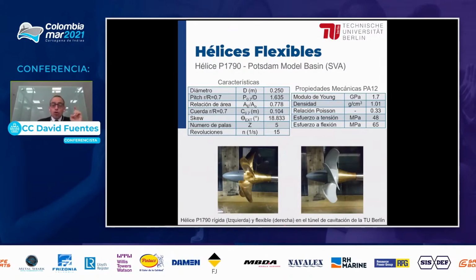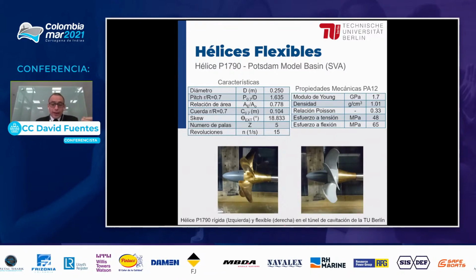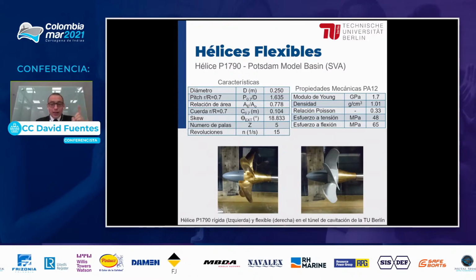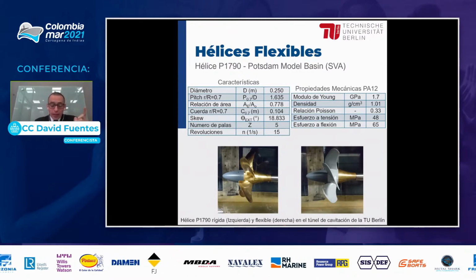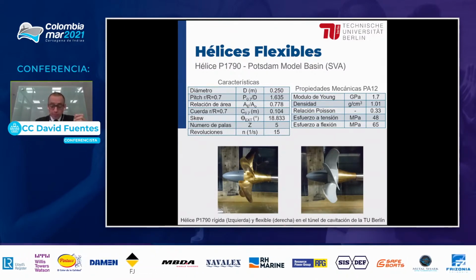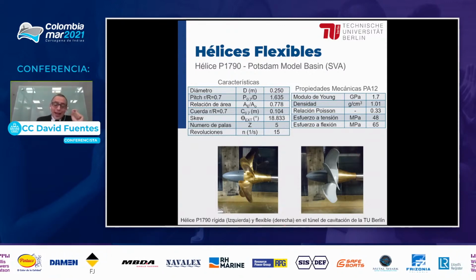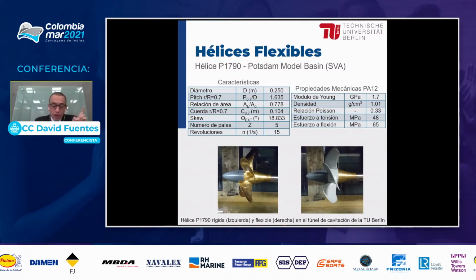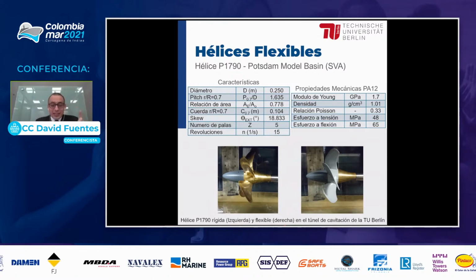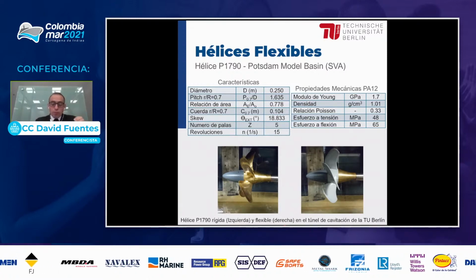For the methodology used, a propeller was built. The material P812 is a polyamide, and the propeller printed was P1790, the opposite of the steady step of the PTC propeller.